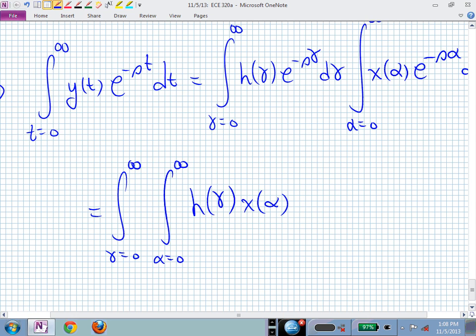Maybe I should have picked different letters. Those are just 90 degrees different, aren't they? So you have to be careful with how you write gamma and alpha, but hopefully we're okay. I can combine my exponential, and then I have d alpha d gamma.